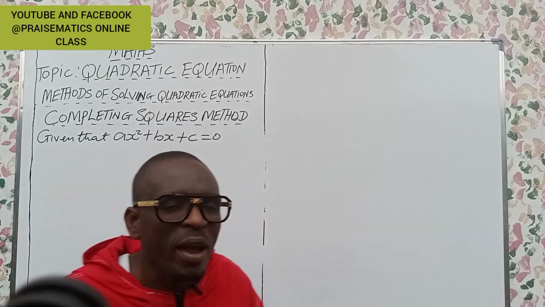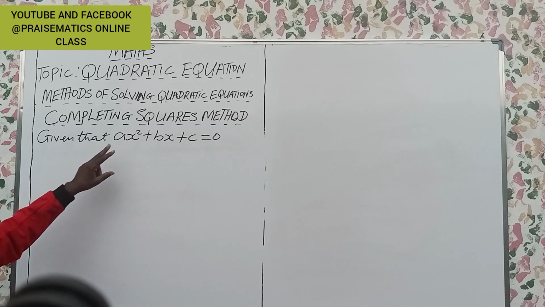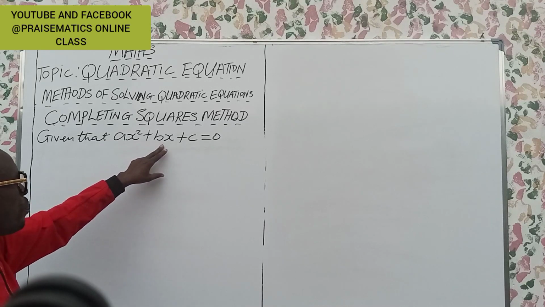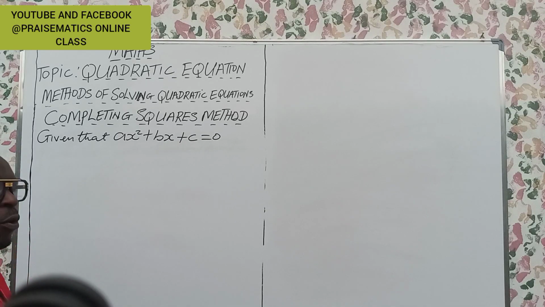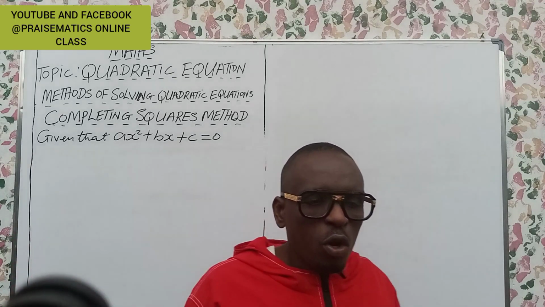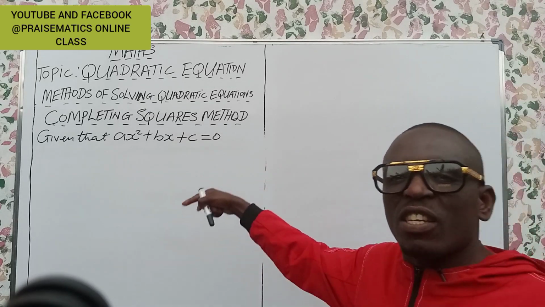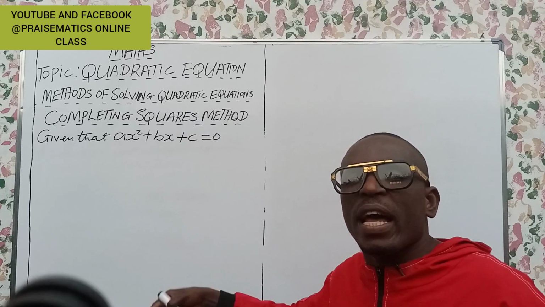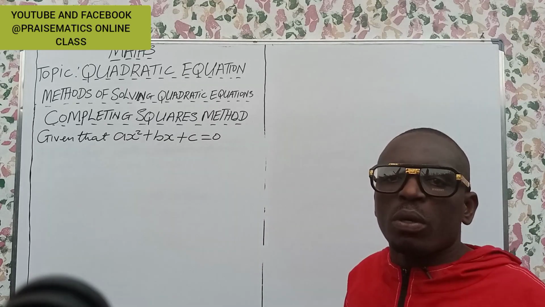In this class, we are asked to use the completing the square method to generate the formula method, or almighty formula method. So given that ax squared plus bx plus c is equal to 0, here we are going to solve this question to generate the almighty formula, the general method of solving quadratic equations.